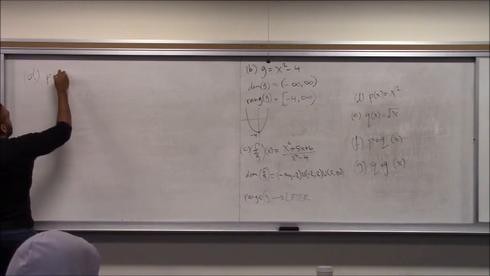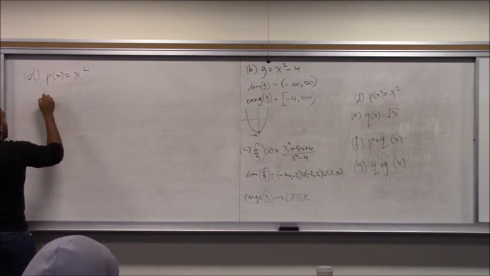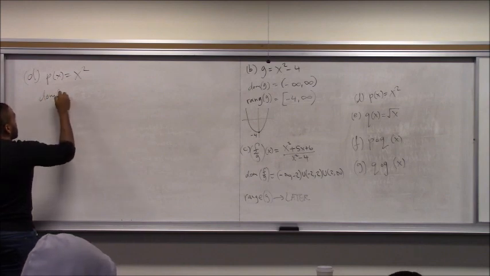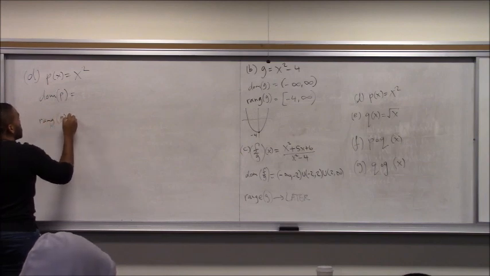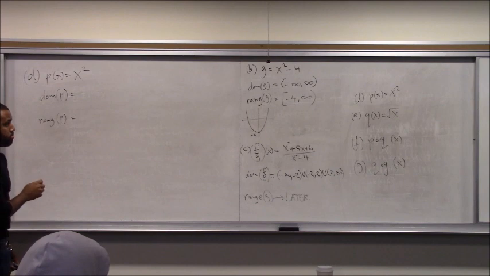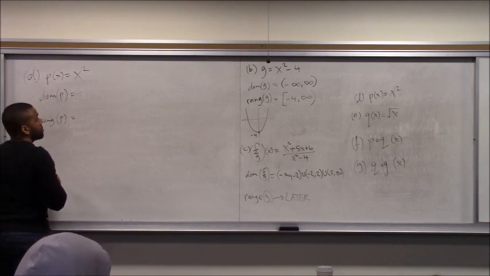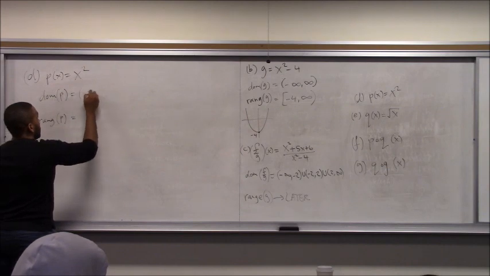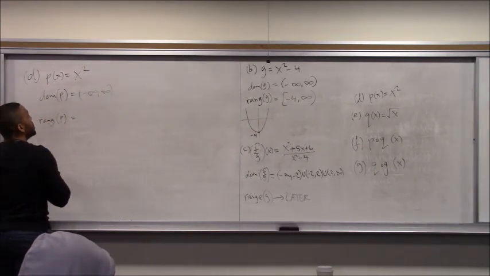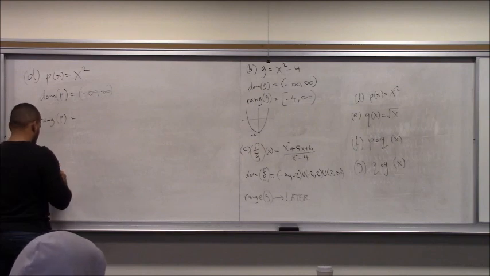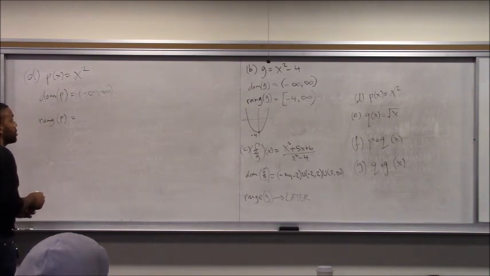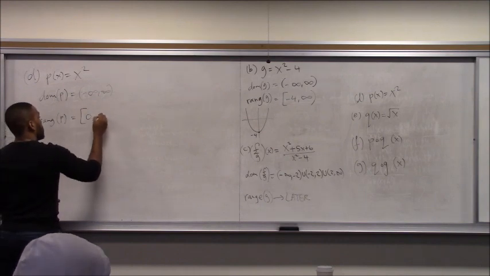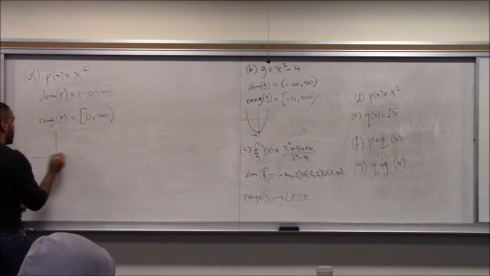Okay, P of x equals x squared. Domain and range. Domain: it's a kind of polynomial. Range: 0 to infinity. Remember what x squared looks like? Well, you should.